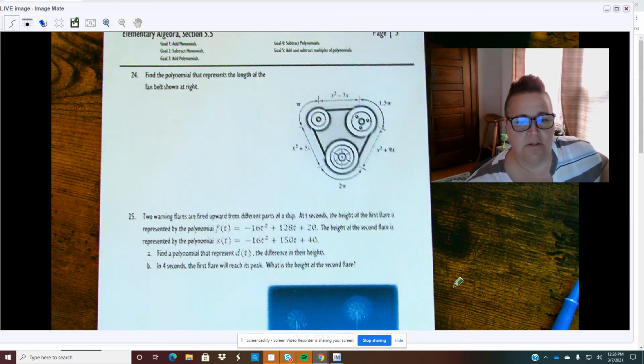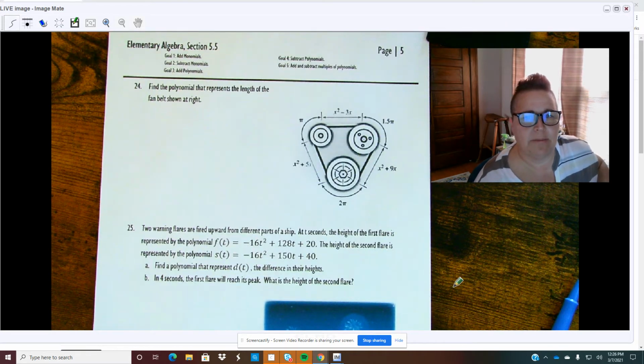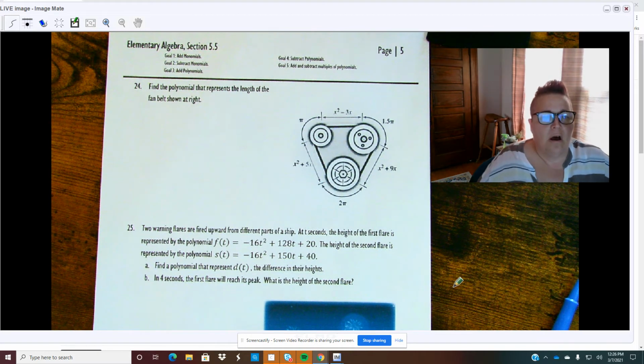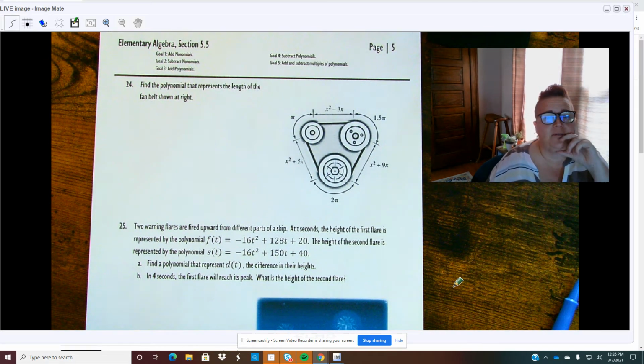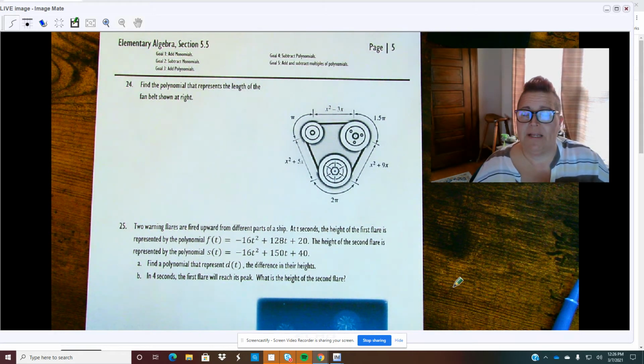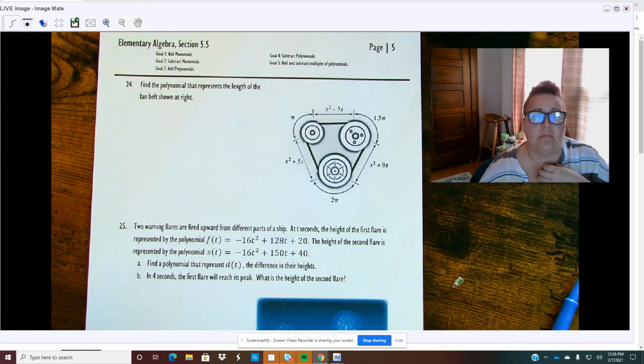All right. So, a couple of application problems. No big deal. We can run through. Problem number 24 says to find the polynomial that represents the length of this fan belt. Oh, there are pi's and there are x's. Okay. Don't overcomplicate it. The length of the fan belt would be all the way around the belt.